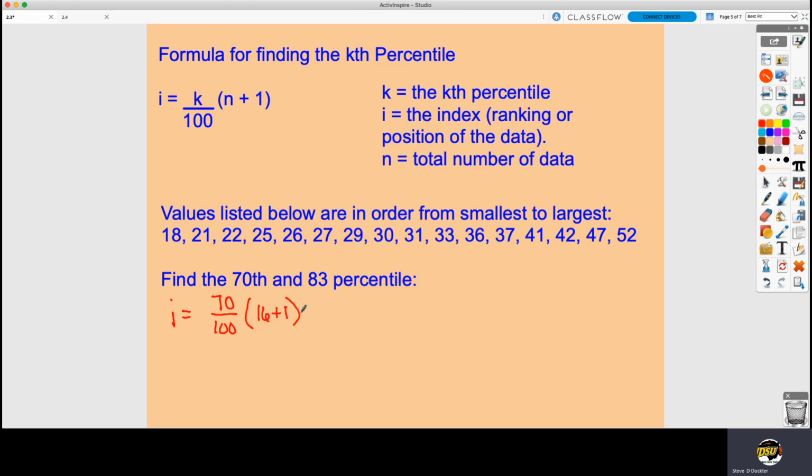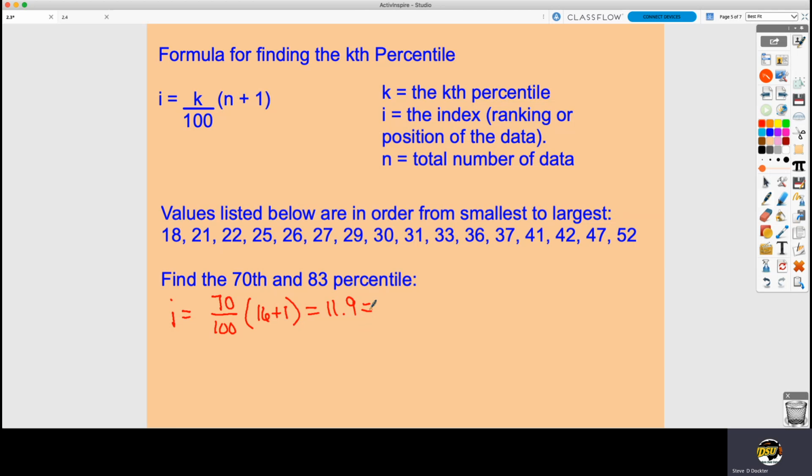Okay. All right. So if we multiply these out, it is 11.9. Let me check really quick to make sure I tell you the right thing. If you get an exact whole number there, that's easy to figure out. If you get a decimal, you round it to the nearest whole number.